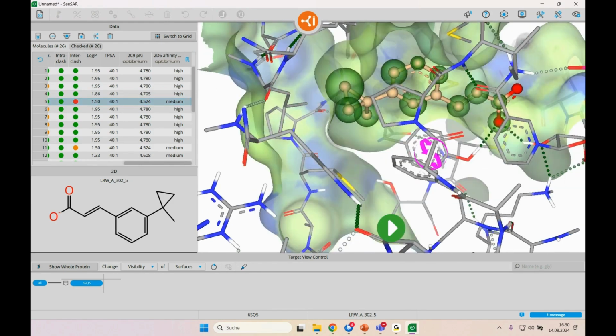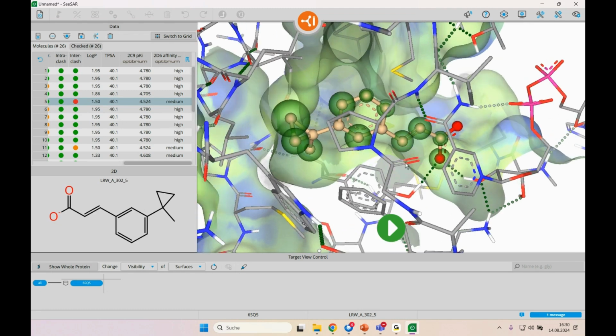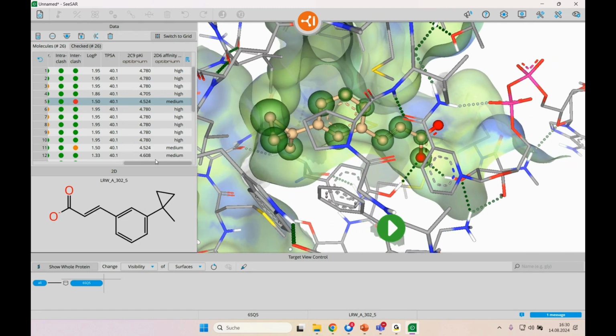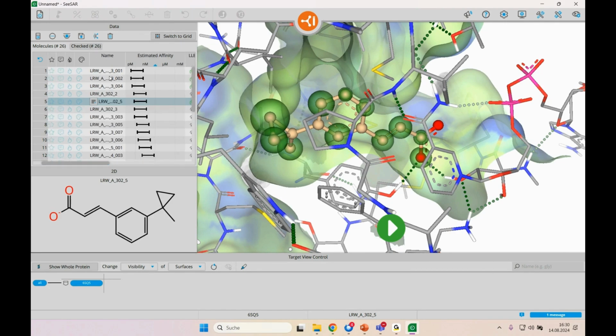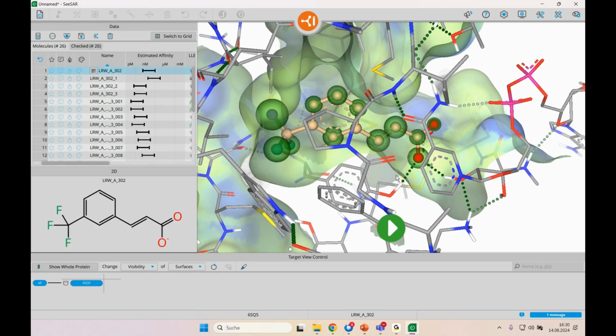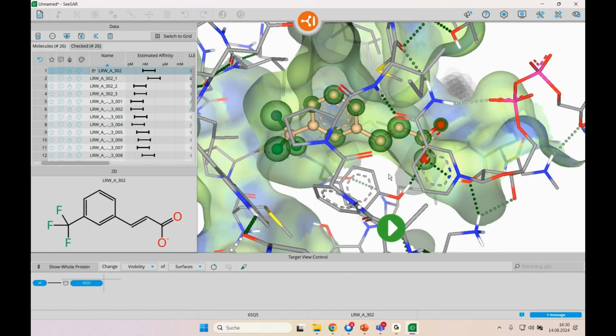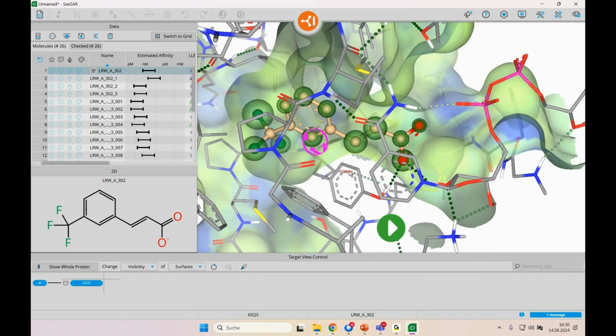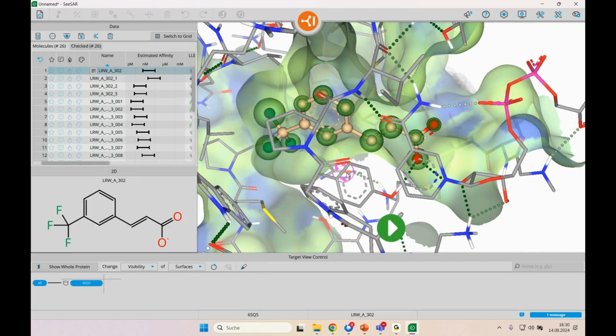So what we're trying to do is explore the binding site better, explore a diverse set of chemotypes, newer scaffolds, and see what we can achieve in the next 10 to 15 minutes before we also find out if some of these compounds are within the purchasable domain that we can explore from chemical spaces.